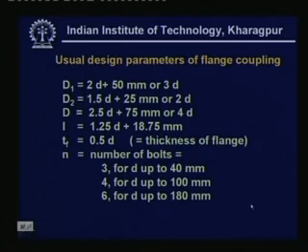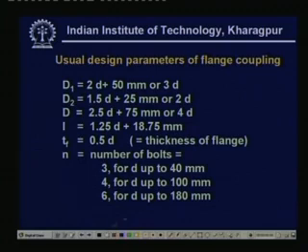The usual design parameters of flange couplings are given here. D1, as I said, is equal to the bolt circle diameter. This is roughly taken to be twice d, small d, that is the diameter of the shaft, plus 50 millimeter, or it may be 3d. Now, why all this?